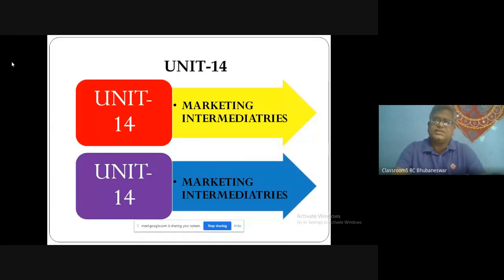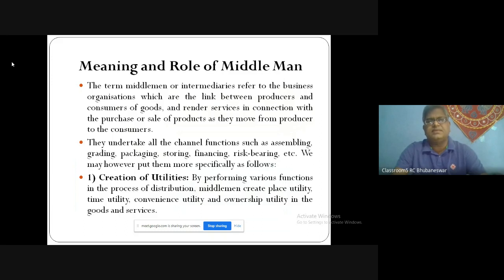My dear students, another topic is unit 14, called marketing intermediaries. Here you talk about intermediaries, which means middlemen. Who are called middlemen and what is the role of a middleman? A middleman, or intermediary, is a link between the producer and the customer, or renders services in connection with purchase and sale.